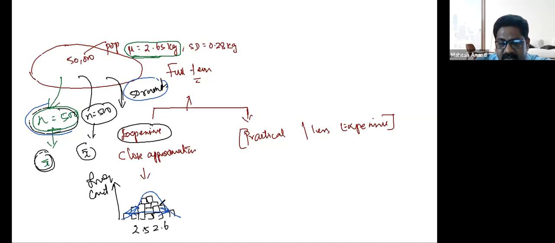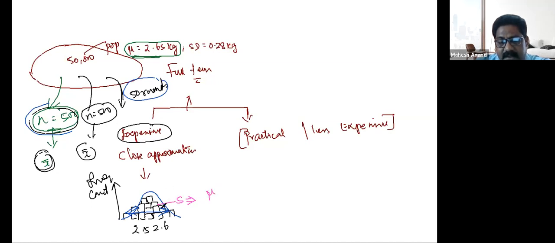The standard deviation of the sampling distribution directly tells what is the average error I make in predicting the population parameter mu, right?